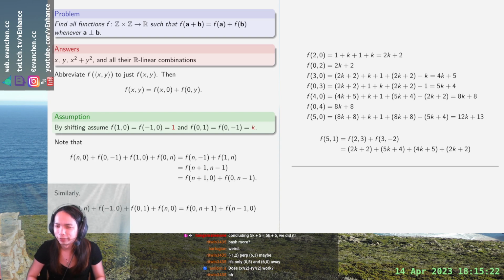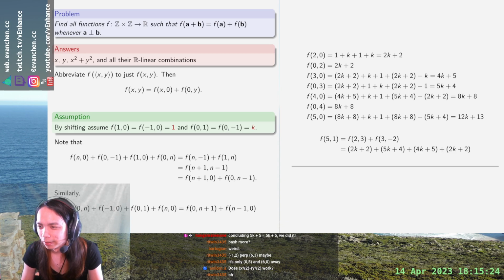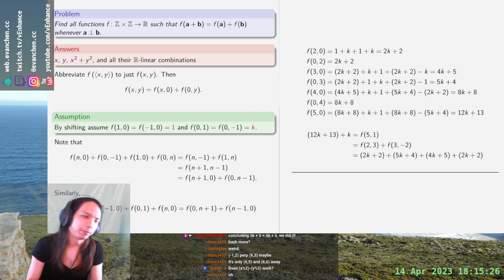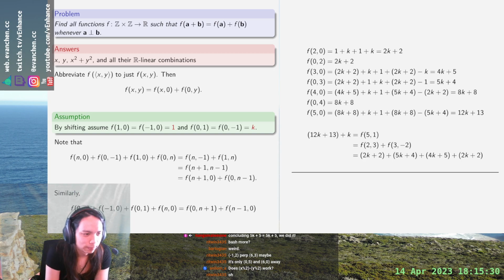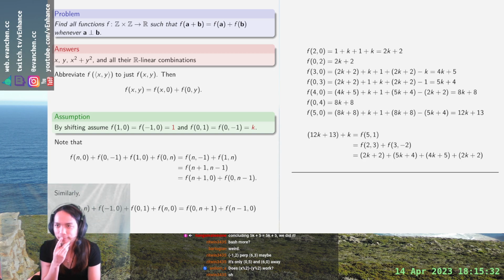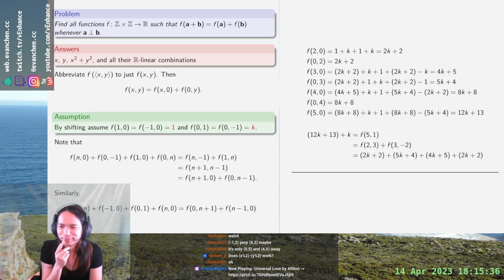So now the great question is, does this work? And naturally we get 13 on both sides. All right, beautiful. Yeah. x mod 2 minus y mod 2.